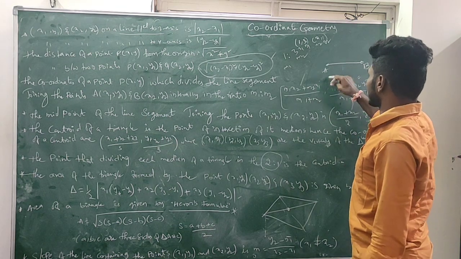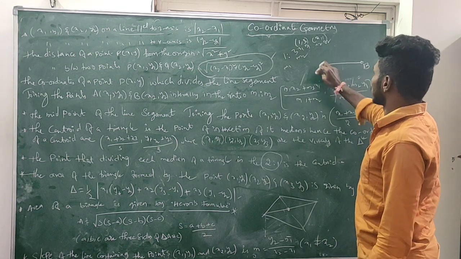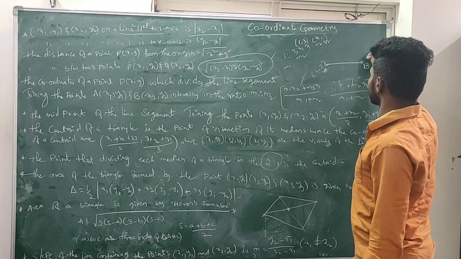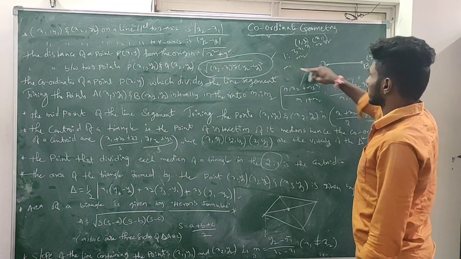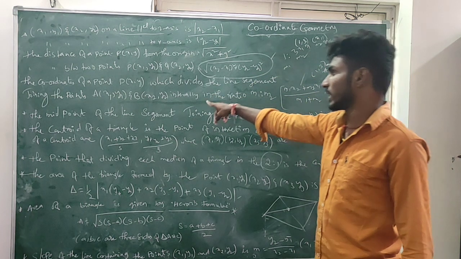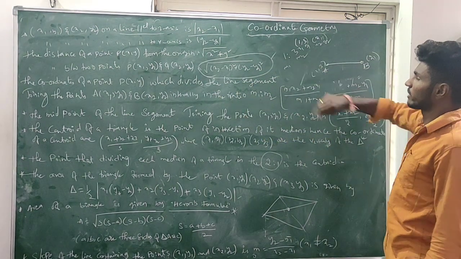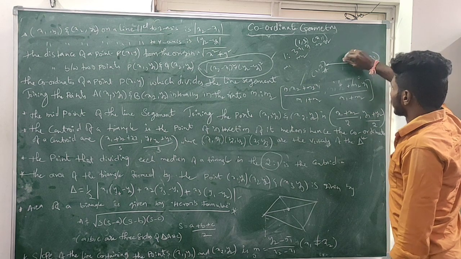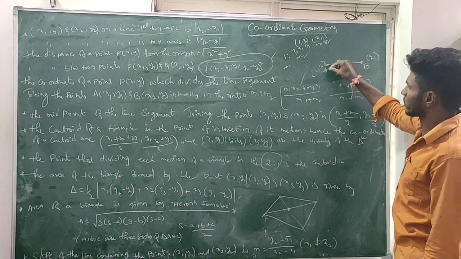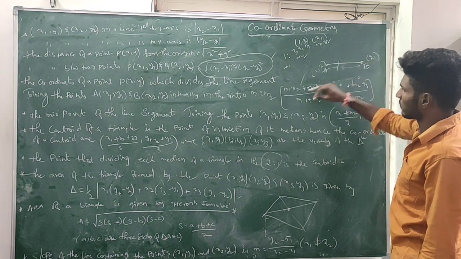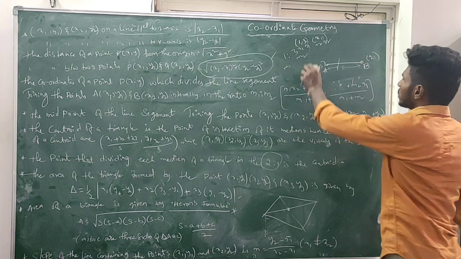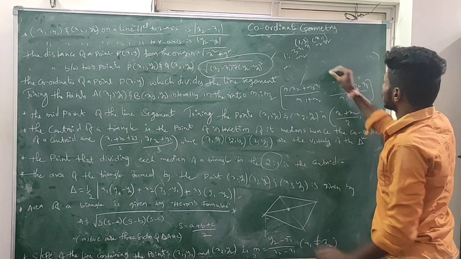Now this is the line which has 2 points. This is 1,3 and this is 2,1, and in the question it is given that it is dividing internally in the ratio M1:M2, which is 1:3. So if you keep all these values in this formula, you will get the point.